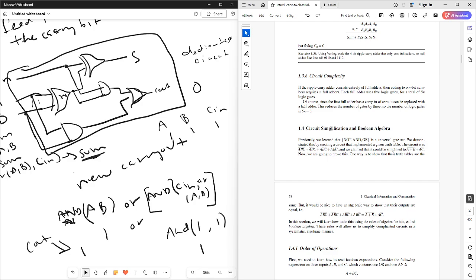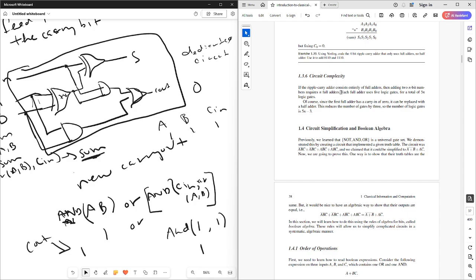Circuit complexity. We'll touch on circuit complexity and query complexity later in the quantum specific stuff, but it's basically just how many gates we are using to accomplish the problem.